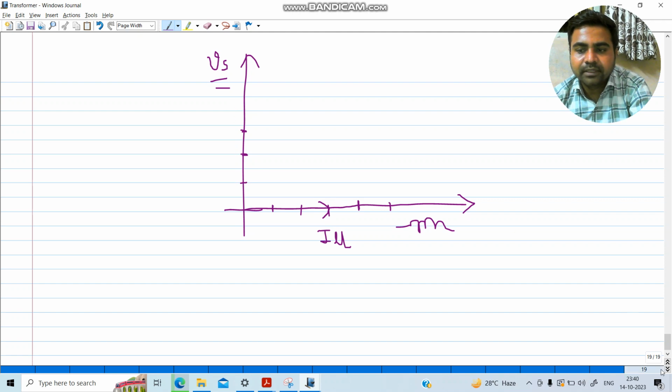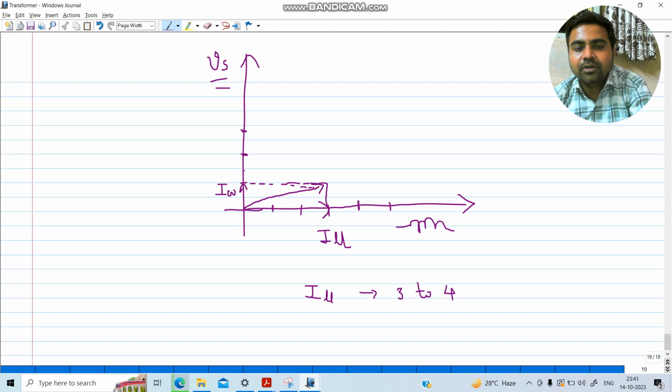We have seen that IMU will be almost 3 to 4 times the working current. Let's say this is 1, so 1, 2 and 3, and here this will be our working current. If we combine these two things, we can draw a combined phasor diagram like this.